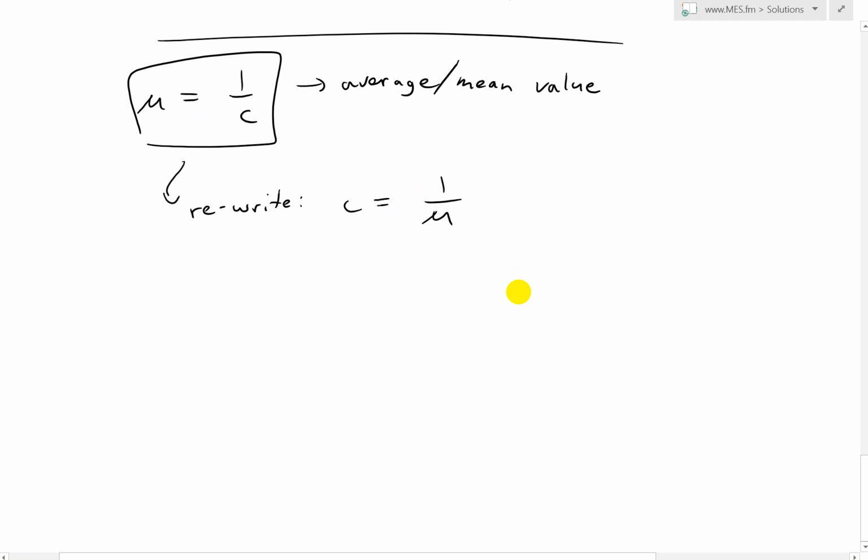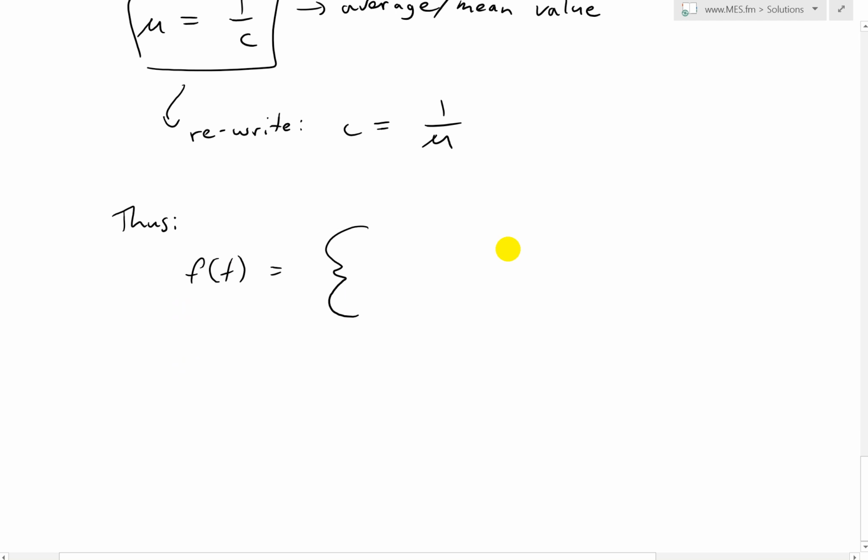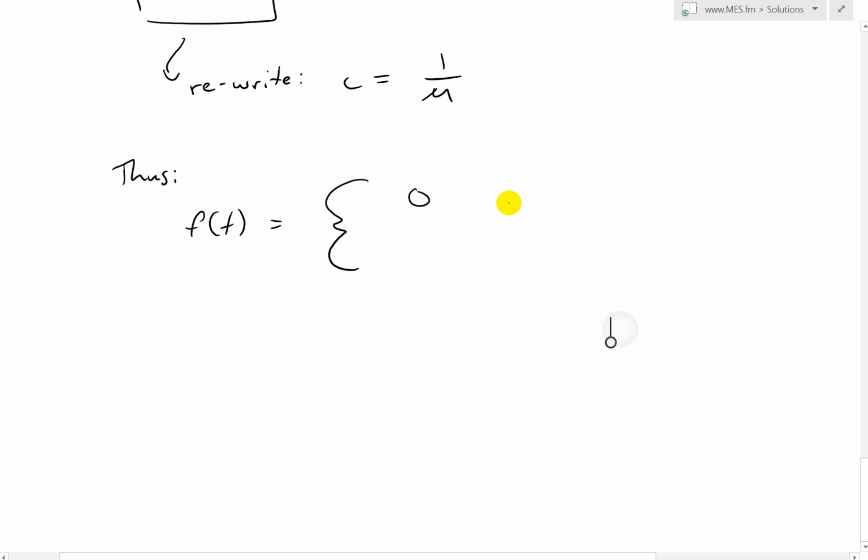So when we do this, if we look at the function, we have f of t equal to 0 if t is less than 0, but now we have c e to the negative ct, where c is equal to 1 over mu.